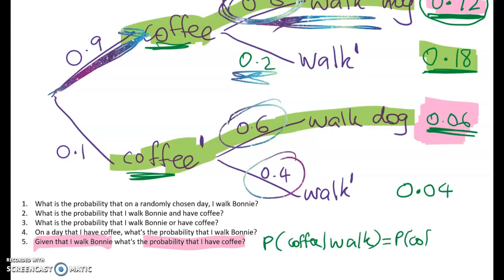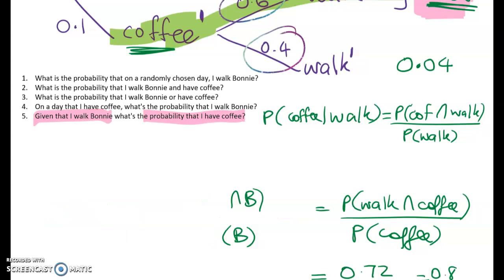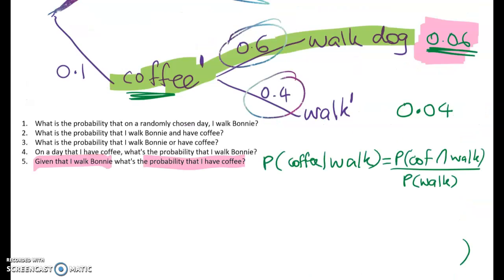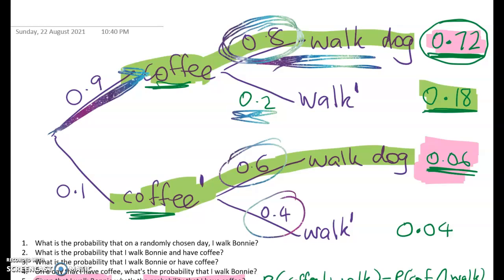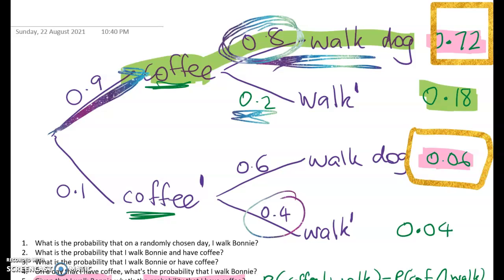So this time I have to work out the probability of coffee and walk divided by the probability that I walk her. So we have to do a little bit more work for these ones. The probability that I take her for a walk is coming from two different places in here. It's this one here and this one up here. So there's one of the walking probabilities, and there's the other one.